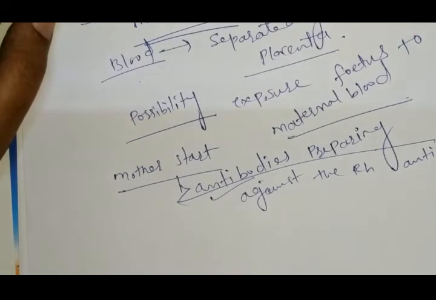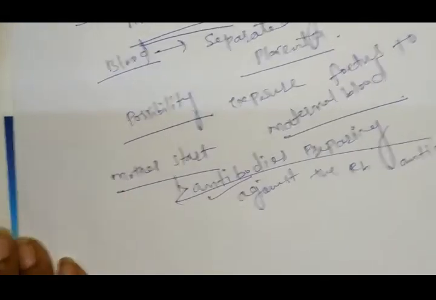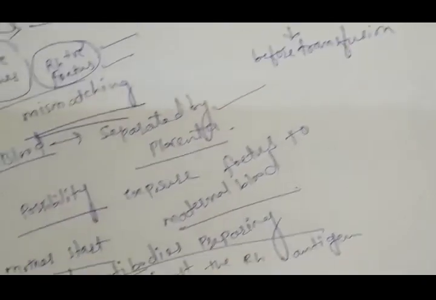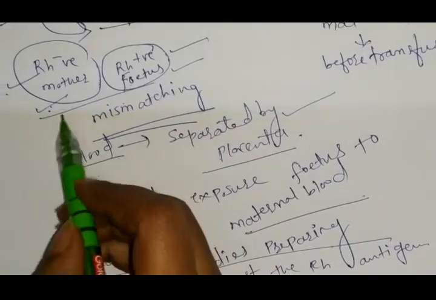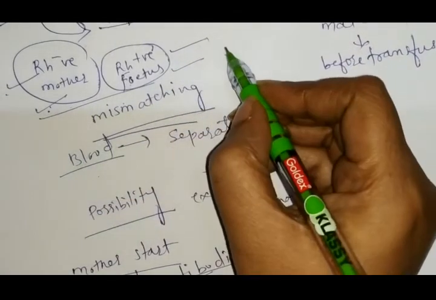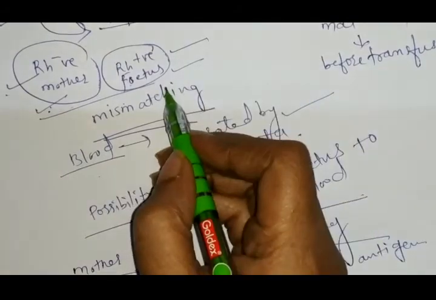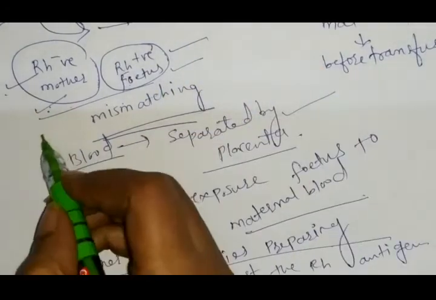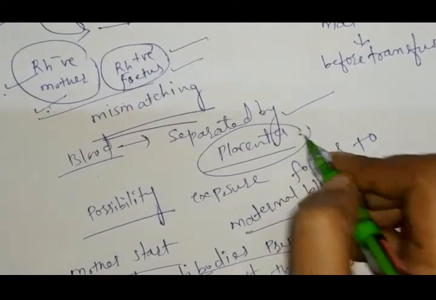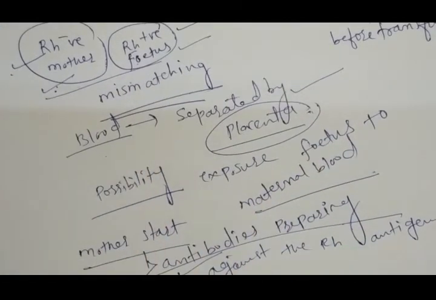In cases of her subsequent pregnancy, the Rh antibodies from the Rh negative mother can leak into the blood of the Rh positive fetus and destroy the fetal RBCs. In the first pregnancy, the Rh negative mother and the Rh positive fetus are separated by the placenta, and the two bloods will not mix.